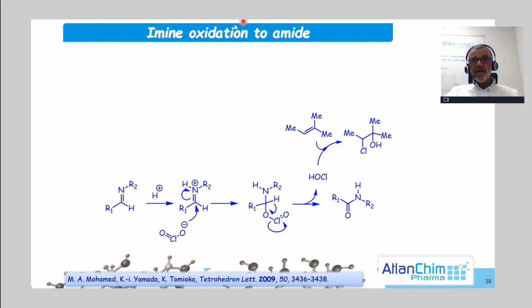Concerning the mechanism of this transformation, the amine nitrogen here was protonated by the acid, and the chloride ion attacks the amine carbon, which is then oxidized to the amide. 2-methyl-2-butene in this case acts as a scavenger of hypochlorous acid, as we saw in the pinnick oxidation of aldehydes.